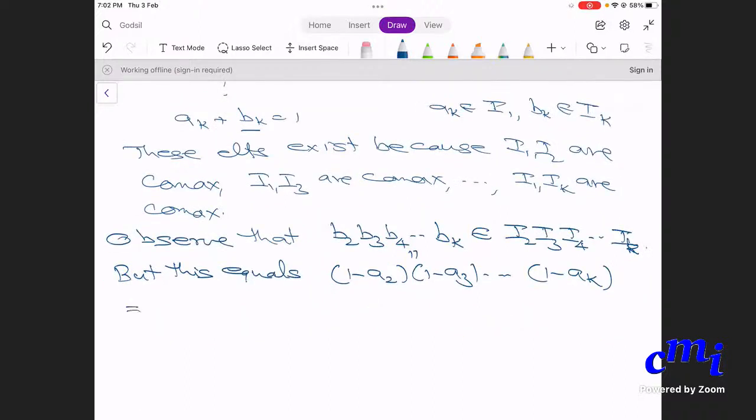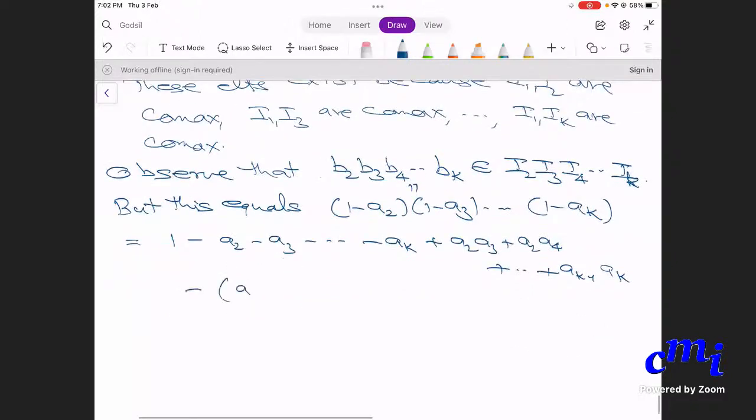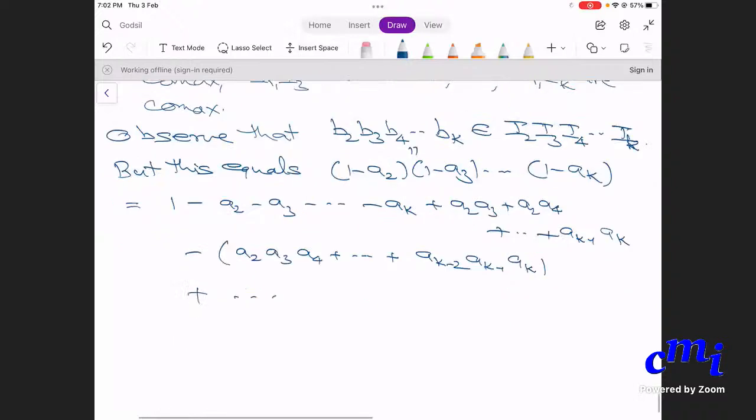You can write this as 1 minus A2 minus A3 minus up to Ak plus A2 A3 plus A2 A4 up to Ak minus 1 Ak, minus 3 at a time, A2 A3 A4 up to Ak minus 2, Ak minus 1, Ak, and so on and so forth. We'll get one long expression. We'll get 2 to the power k minus 1 terms. Why so many terms?